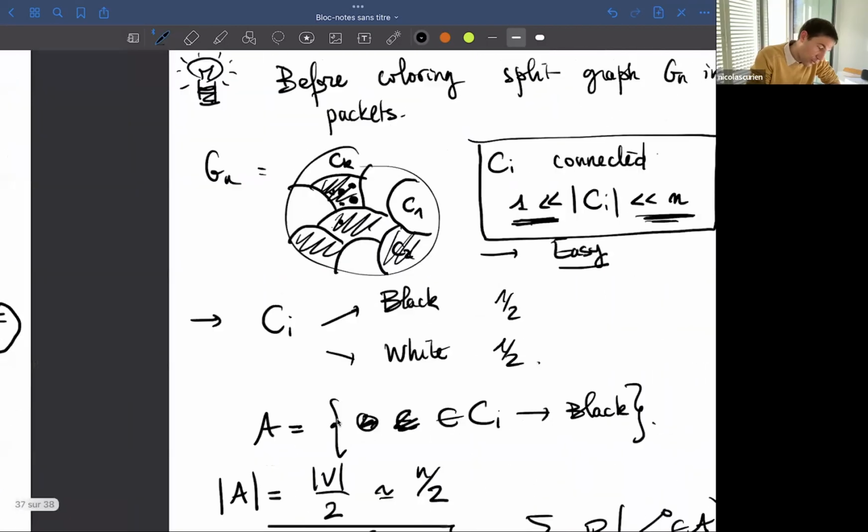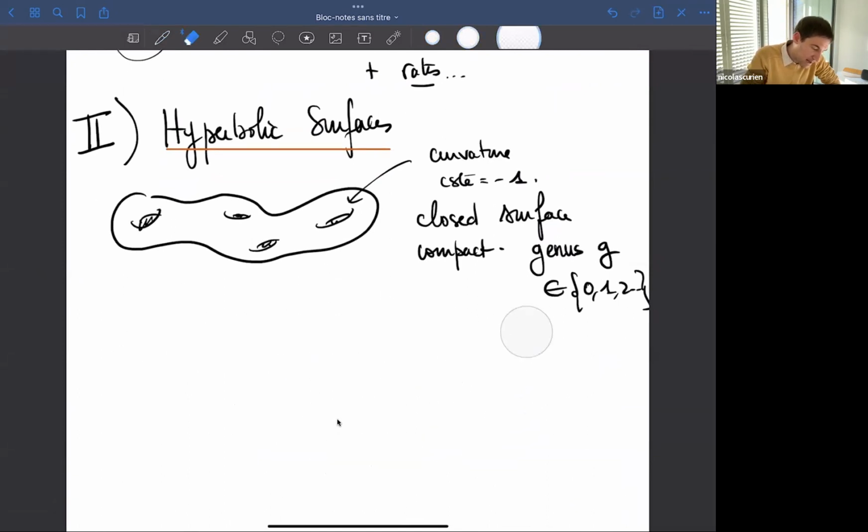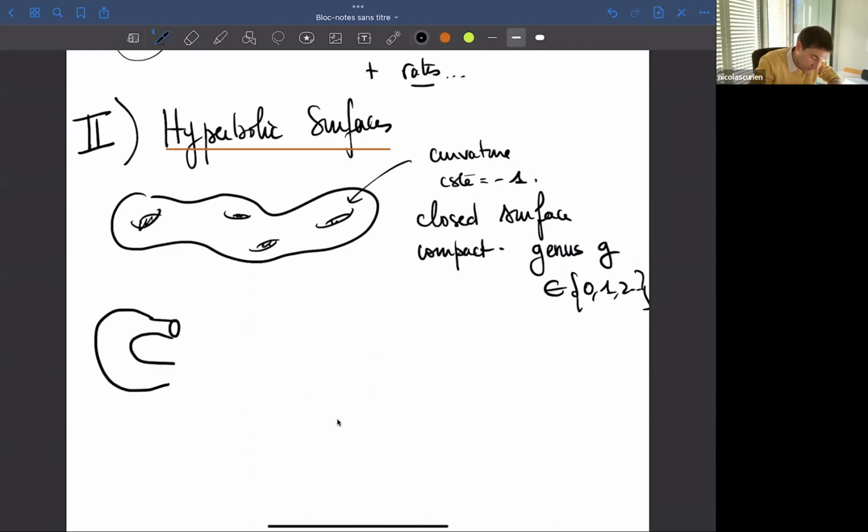Okay, so hyperbolic surfaces. Those are built like that. But actually, there is a very easy recipe to build hyperbolic surfaces from graphs. They are built from what is called a pants decomposition. What is a pants decomposition?